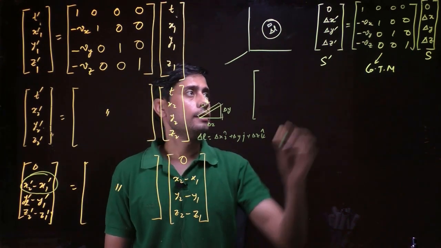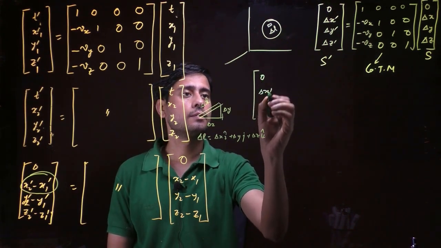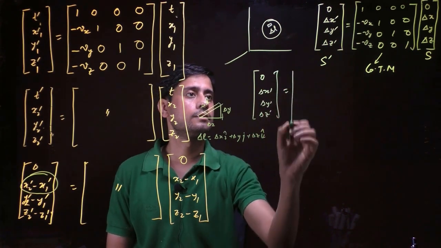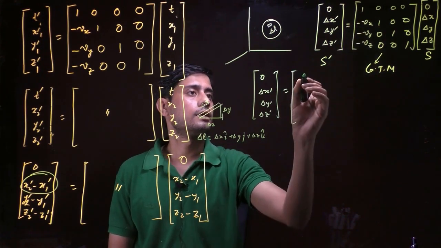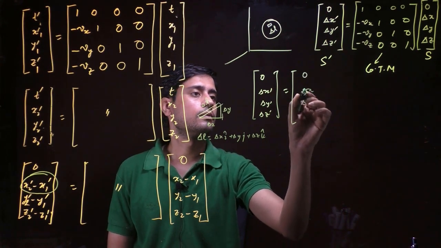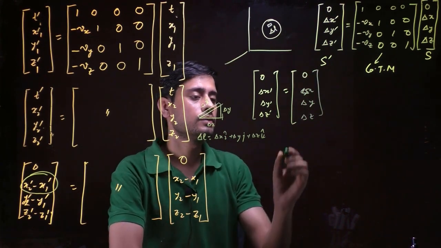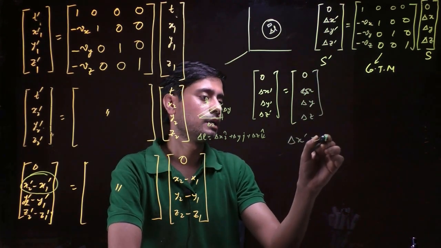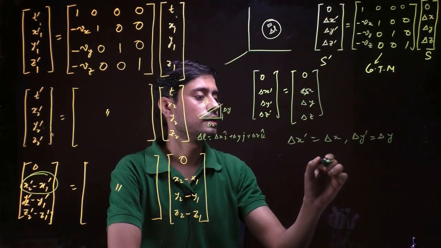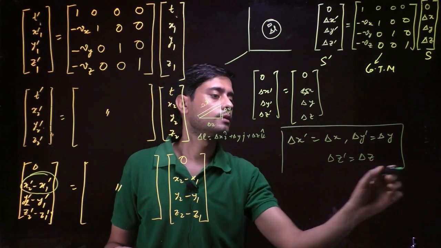Now if you multiply the two matrices, we get 0, delta X prime, delta Y prime and delta Z prime equals, this will give you only 0, this will give you delta X, this will give you delta Y and delta Z. You come to the conclusion that delta X prime equals delta X, delta Y prime equals delta Y, and delta Z prime equals delta Z. So this is what you get.